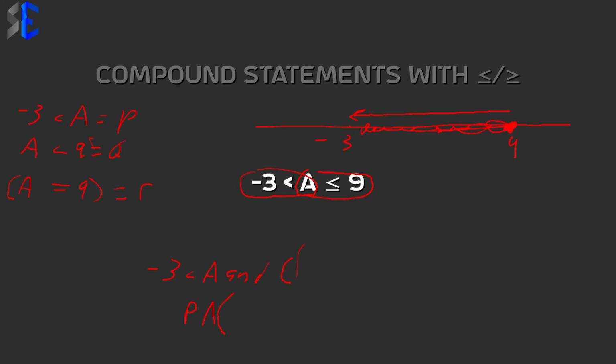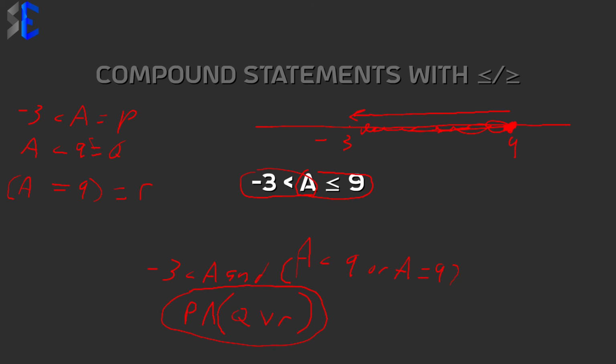So a is either going to be less than 9 or a is going to be equal to 9. And then let's put this in common form. We know that a is less than 9 is stored in q. So we have q, and then or, and then a is equal to 9 is represented as r, and that's your final compound statement for this inequality.